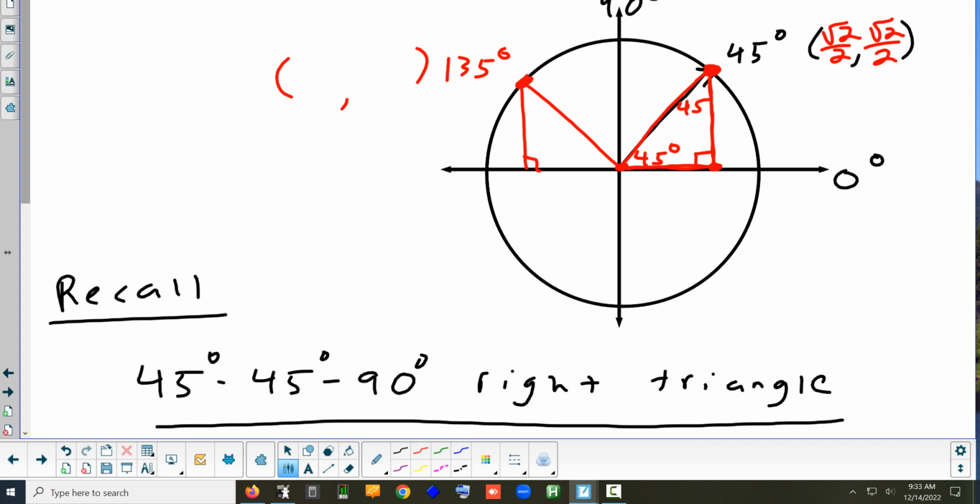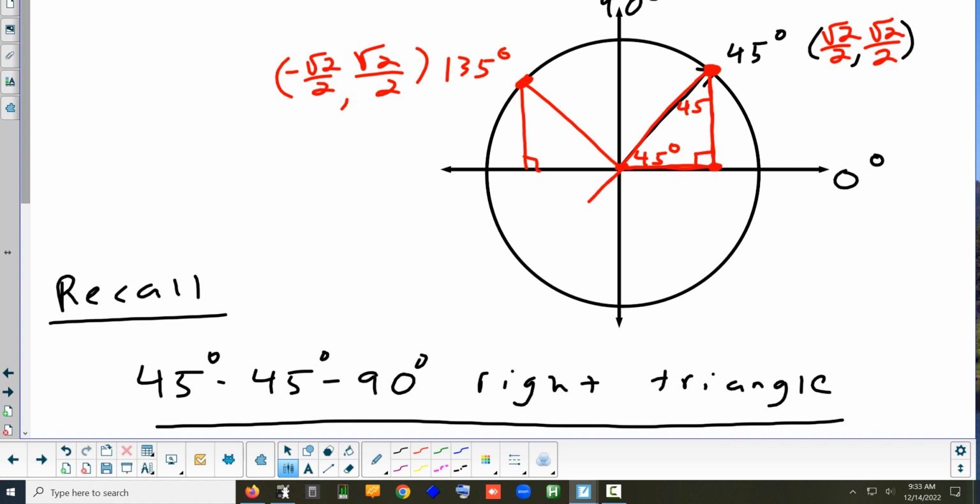Just be careful because it's in quadrant 2, but it is a mirror image of the triangle in quadrant 1. Yep. Negative root 2 over 2, root 2 over 2. Every 45 degree angle and multiple is always a root 2 over 2 with a root 2 over 2. Sometimes they're positive, negative, or one of each.